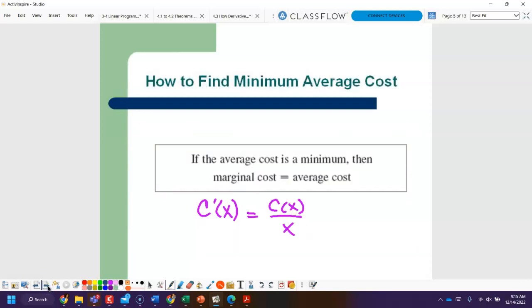What is important, and is the first part of your notes, is the minimum cost. If we're selling something or making something, the goal of the company is to minimize the cost needed to produce it. What does the minimum cost look like? A derivative equal to an average.